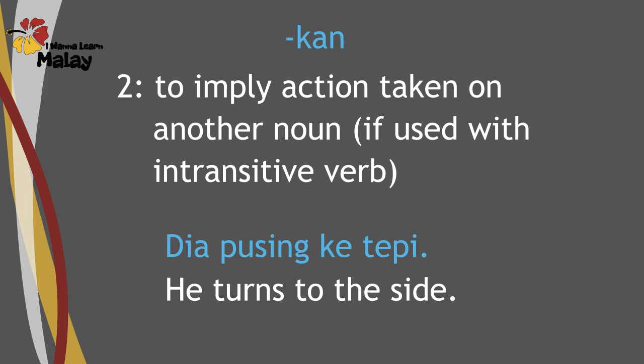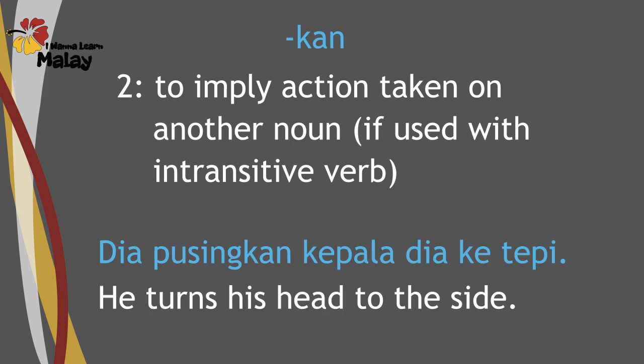That person himself turns his whole body to the side, as opposed to the next sentence, dia pusingkan kepala dia ke tepi, which means he turns his head to the side. The action is only being put on his head, not he himself, the whole body. Okay?